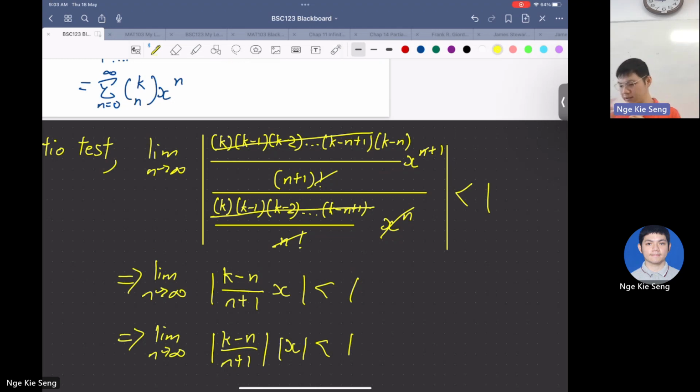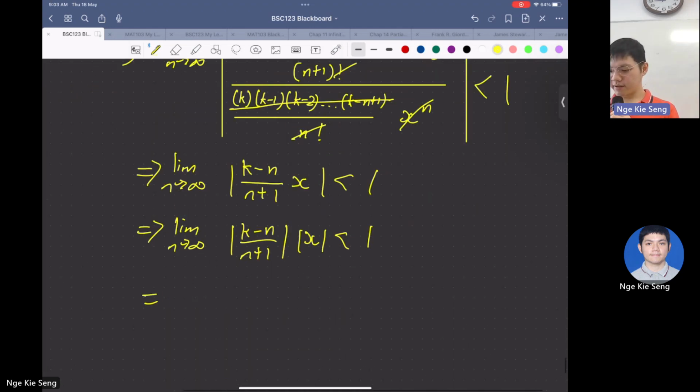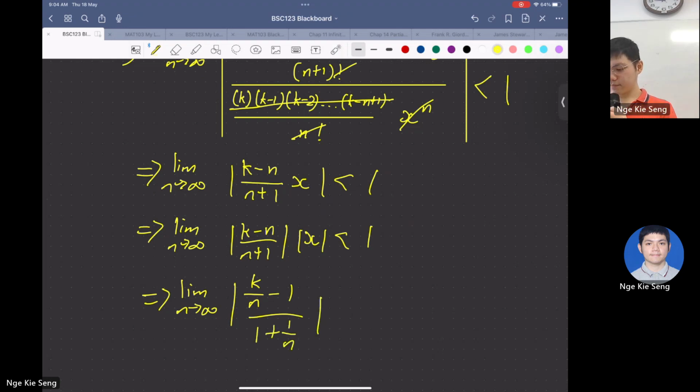But again, how to evaluate this limit here? It is k over n minus 1 over 1 plus 1 over n. So I divide n on both sides, top and bottom.